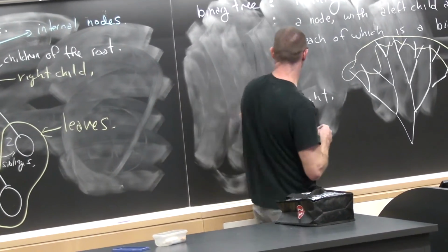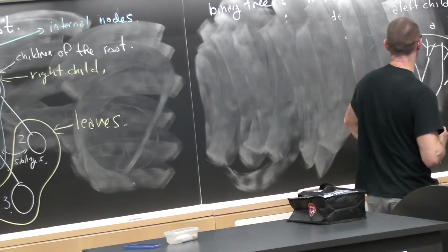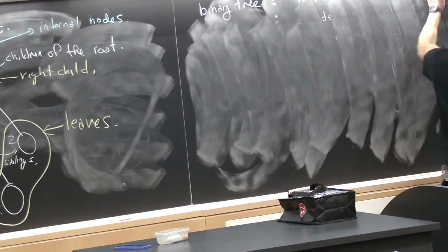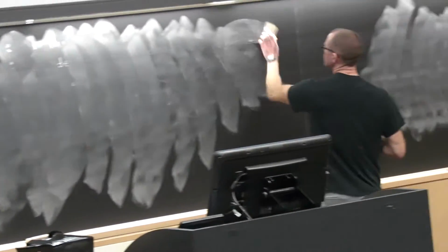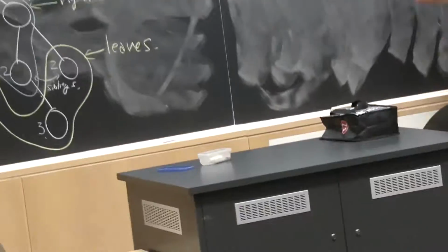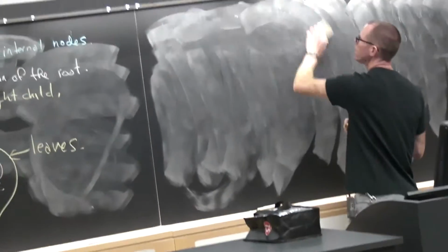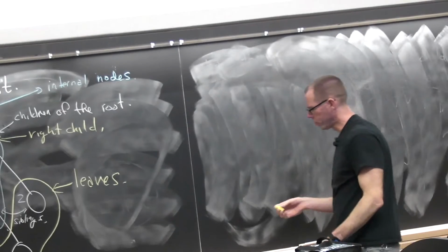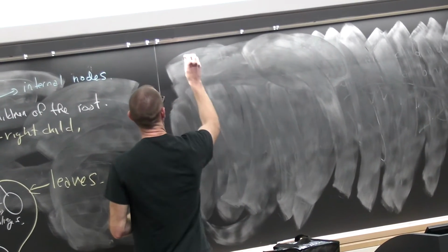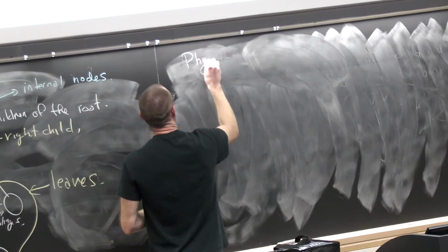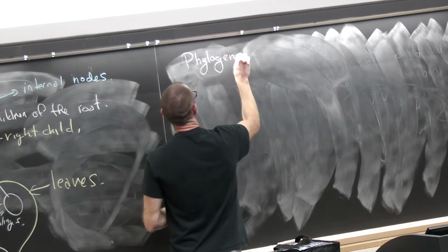Another one, which was hugely popular for the last decade or so, and still is important, but is further outside of computer science, are these so-called phylogenetic trees.